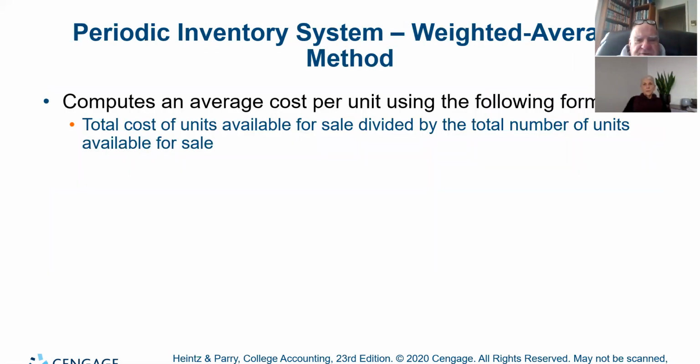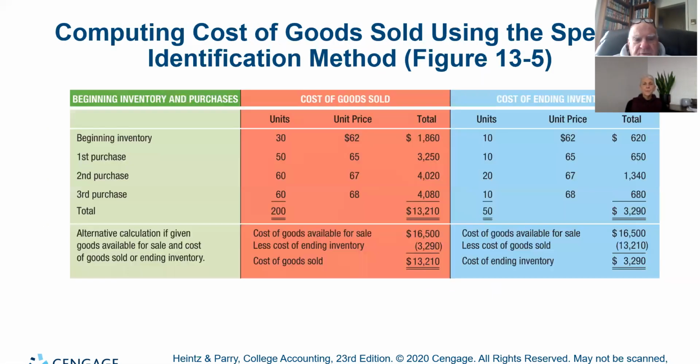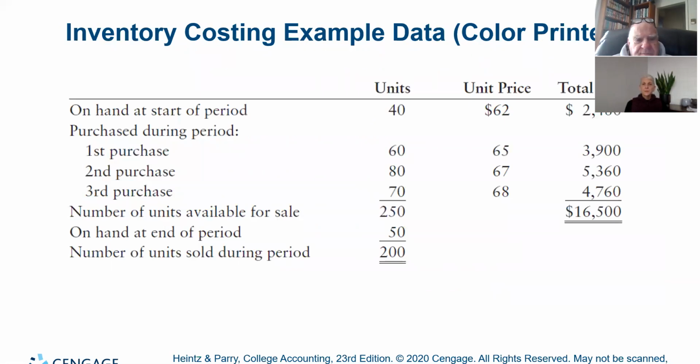Weighted average method. This is super easy. I'm deliberately going back here for a reason. You see the available for sale line, Lori? You have a calculator there? 16,500 divided by 250 would be your average cost.